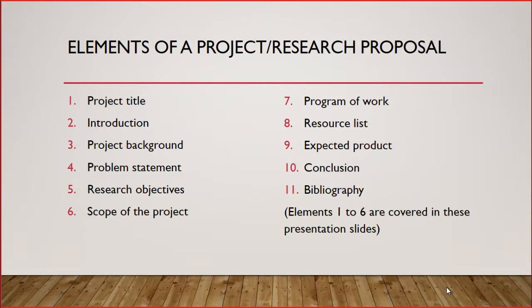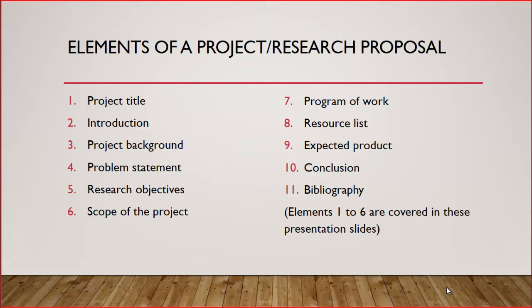Sometimes they just call it overview, project overview. Sometimes they use background and it covers introduction; sometimes they give introduction and it covers background. But for our FYP1 research proposal, there are 2 separate elements, introduction and project background. I will guide you on how to tackle this, because we have this split here.